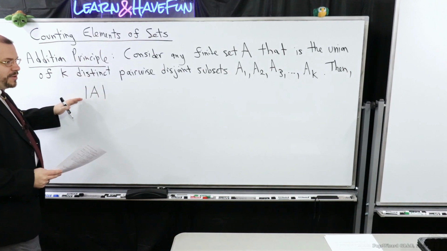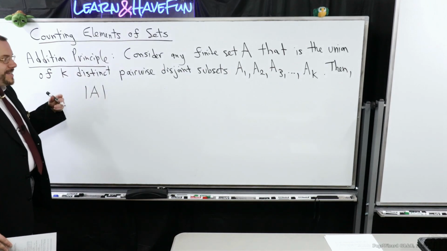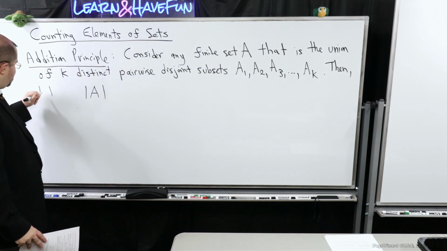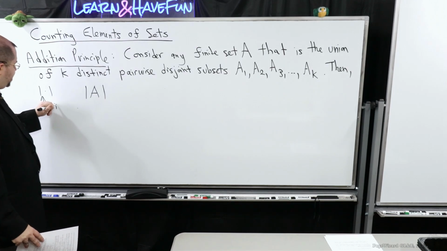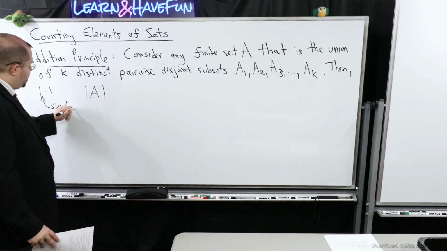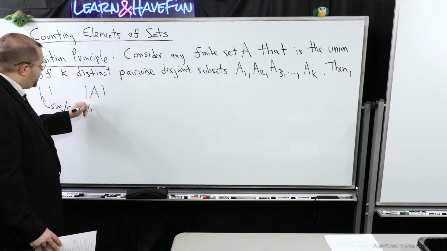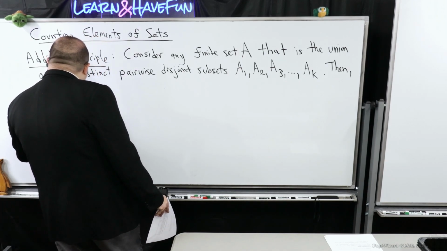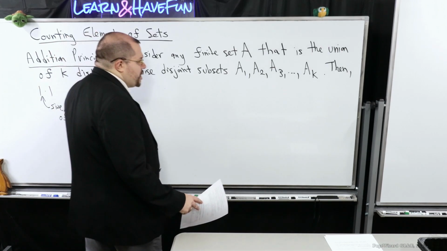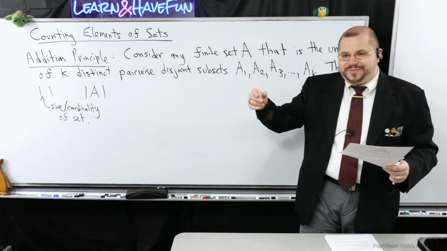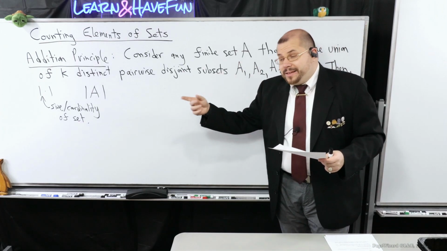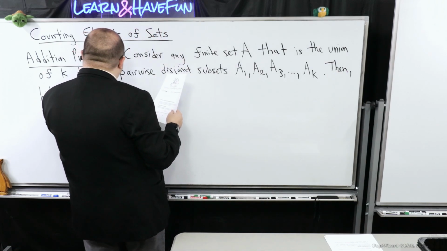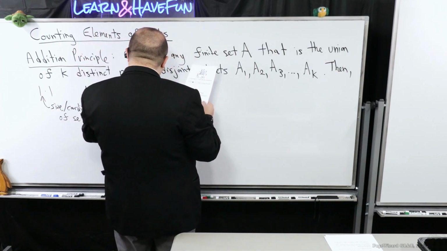So this is noting what we call the cardinality or the size of the set A. So the bars here, these denote the size or cardinality, if you want to be fancy-pantsy like me sometimes, the cardinality of the set. This notation is very common with knowing the size of something, like a length of a string. This notation is fairly common. So if I want to get the number of elements in A, that's what this means.